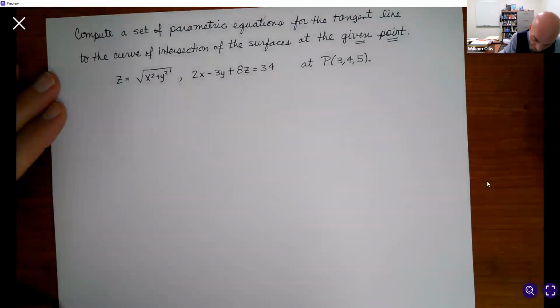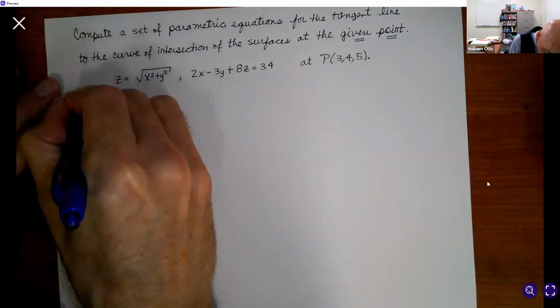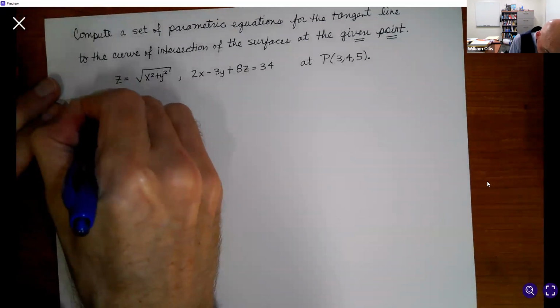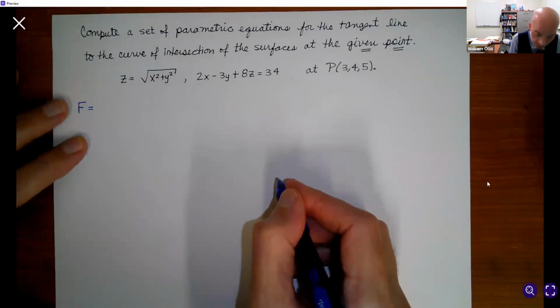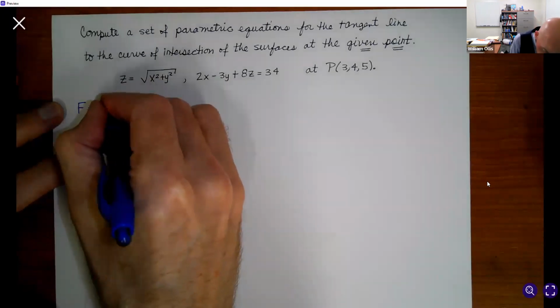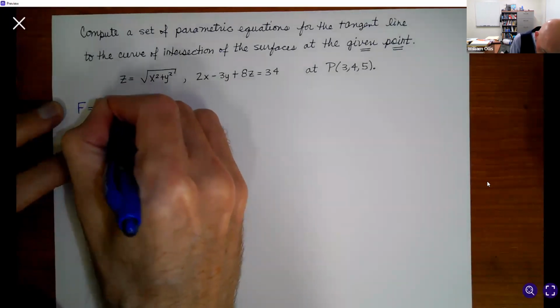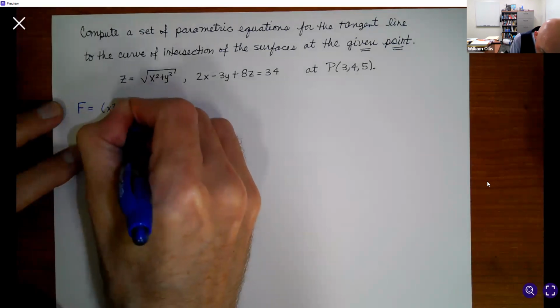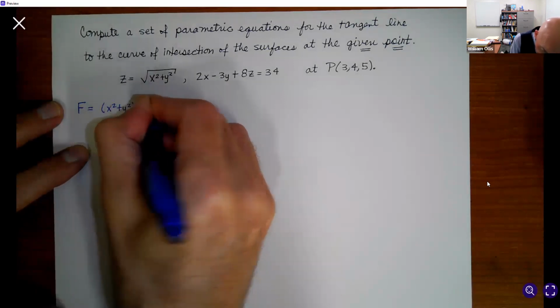Let's get our implicit equations. That is, we can use uppercase F for the cone, and this will give us (x squared plus y squared) to the 1/2 minus z.